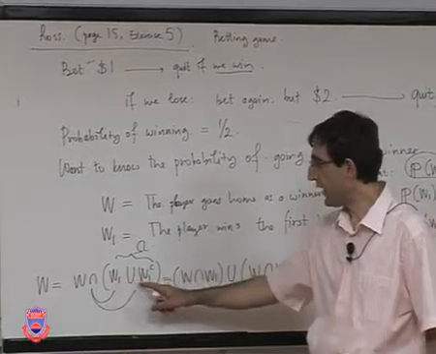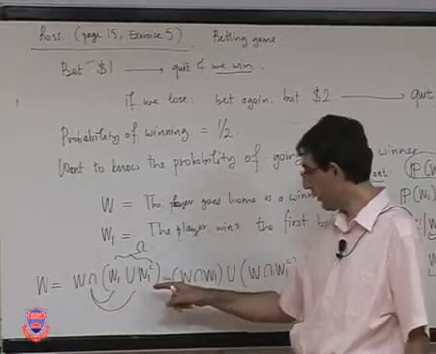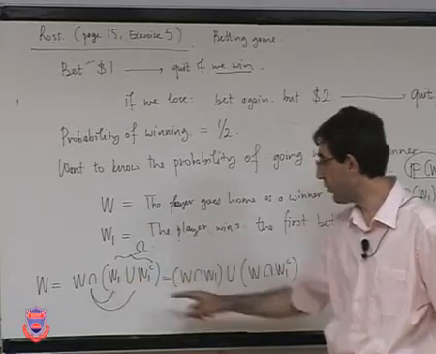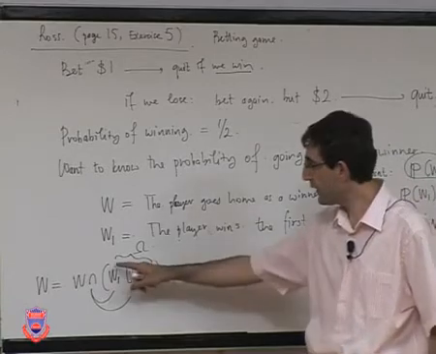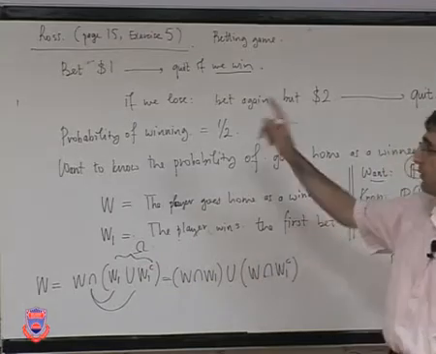Now these two are, of course, disjoint, one is the complement of the other. The first event is a subset of the event W1, and the second event here is a subset of W1 complement. Since they are disjoint, their subsets are going to be disjoint, just the way that we discussed earlier.